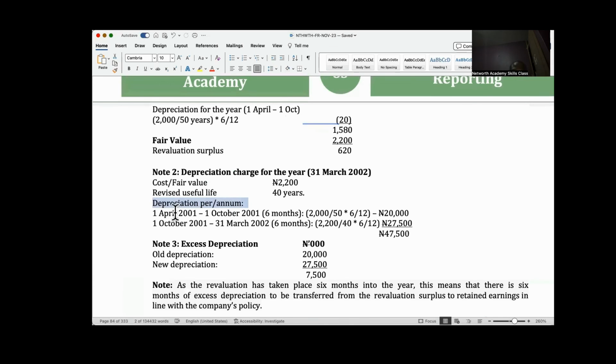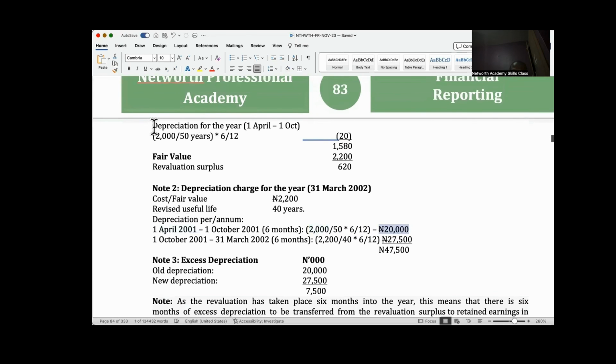So this year started from 1st April 2001 and it ended in March. However, since the revaluation occurred on the 1st of October, the way I will calculate my depreciation for the first 6 months will be on the initial cost over 50 years multiplied by 6 over 12. That gives me 20,000, just like I did here. It's just the same thing.